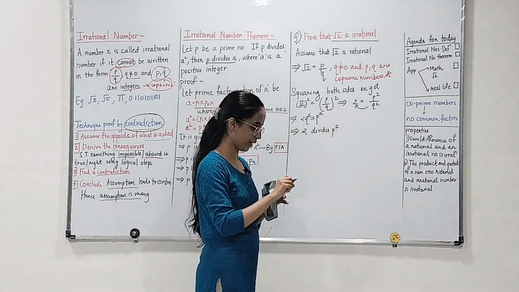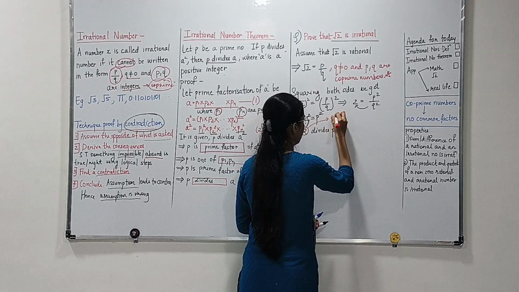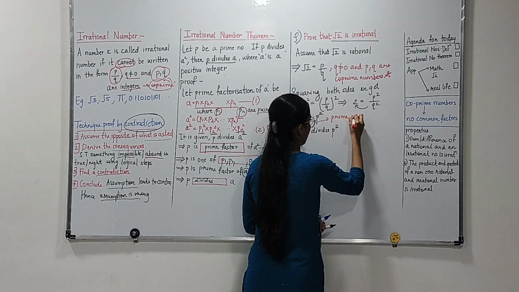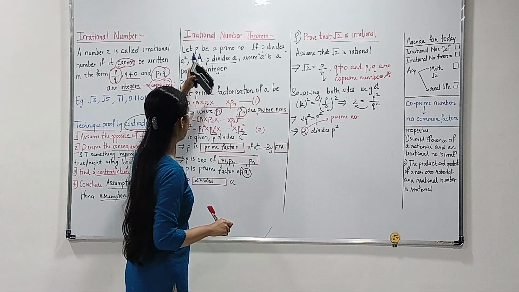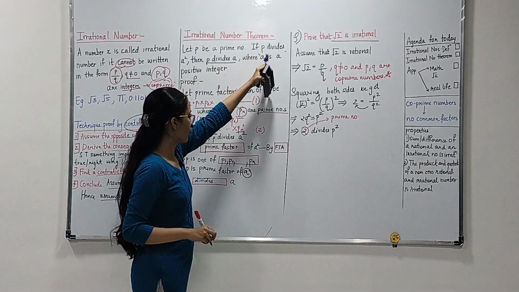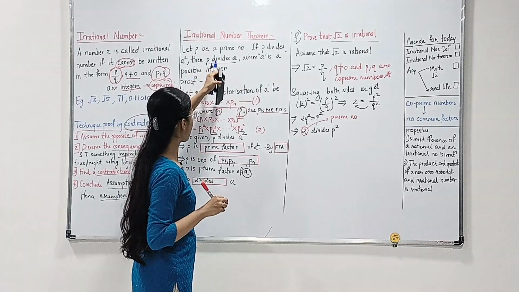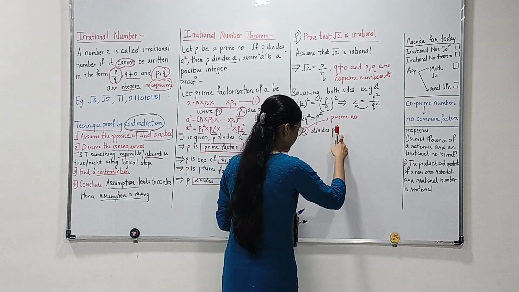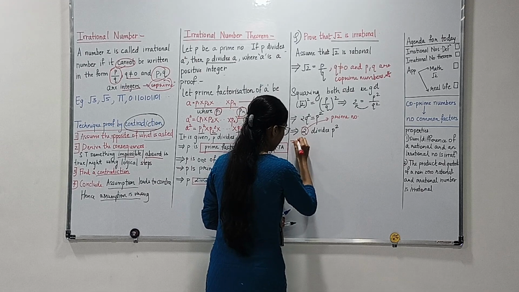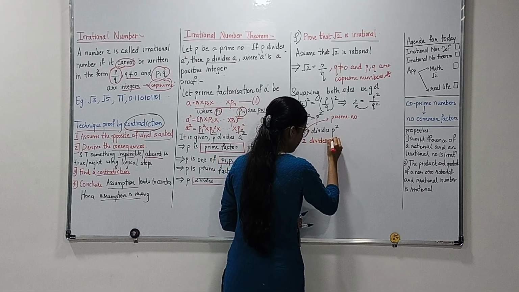Now, keep in mind, 2 is a prime number. And as per the irrational number theorem, if 2 or any prime number divides a number's square, then that prime number divides the number also. So if 2 is dividing P square, then this implies that 2 is going to divide P also.